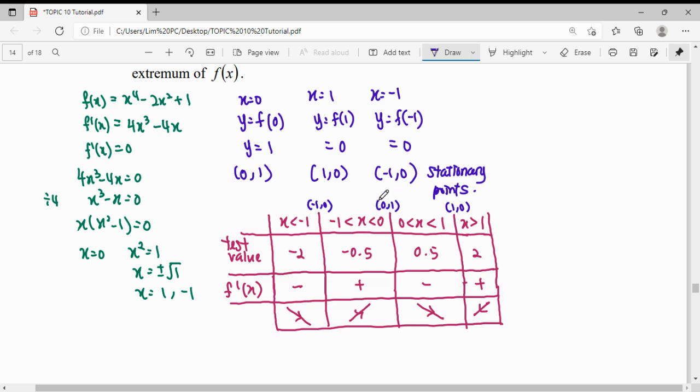For the first point, it goes decreasing then increasing, which means this point is a minimum. For the middle point, it is increasing first, then after this point decreasing, so this is a maximum. For the last point, the gradient is decreasing, then increases again.